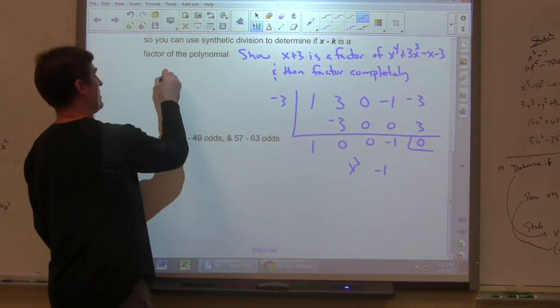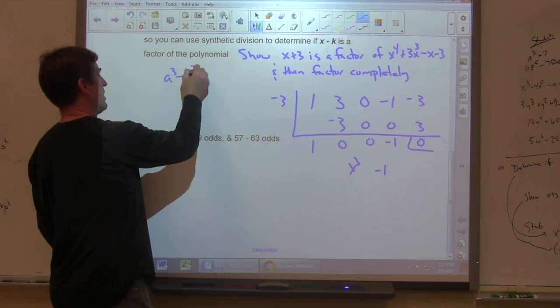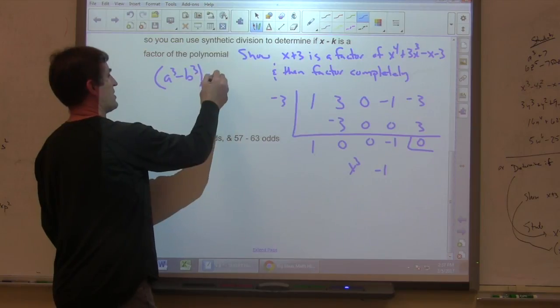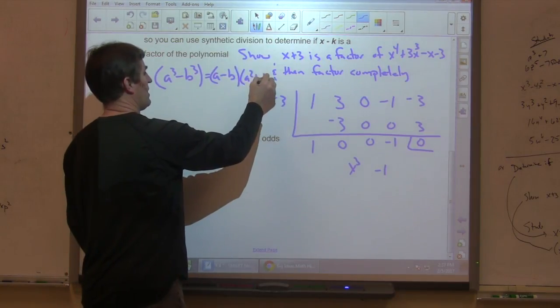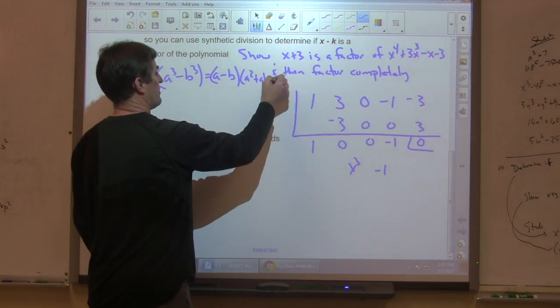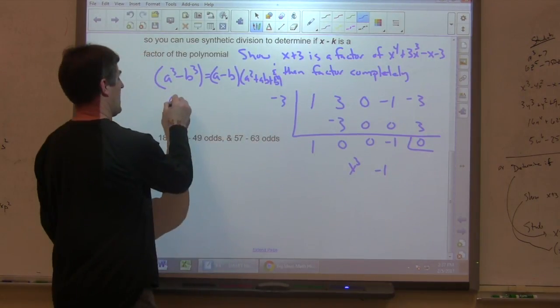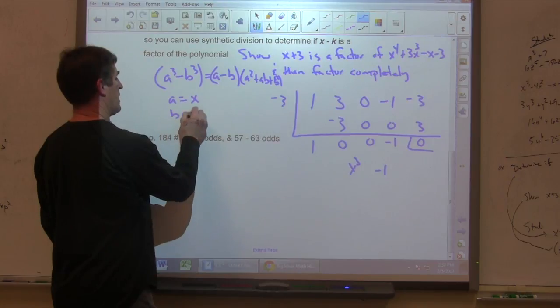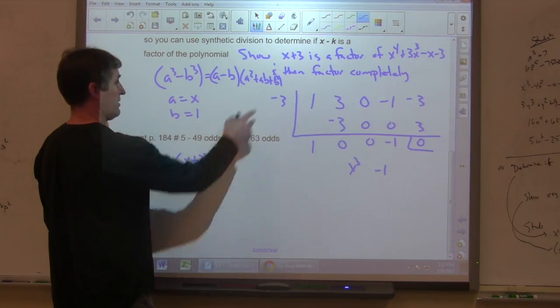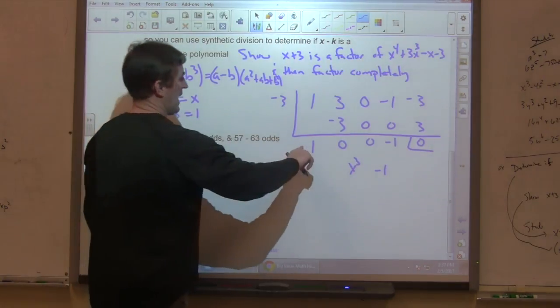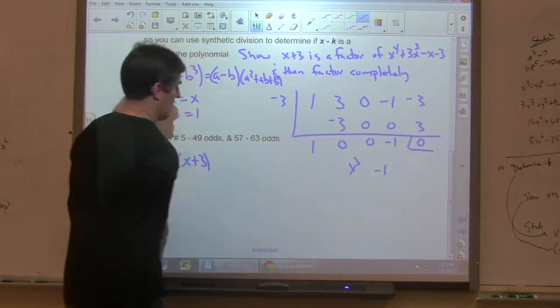Well, that's our difference of cubes, right? That factors into a minus b, and then a squared plus ab plus b squared. And so in this case, our a is x, and our b is 1. And so we had x plus 3 as a factor. We were told that, we proved it. And then we got down to this so we could factor what was left.